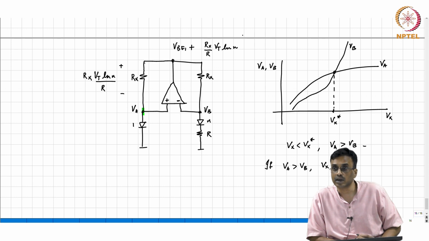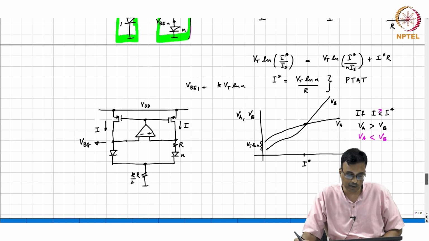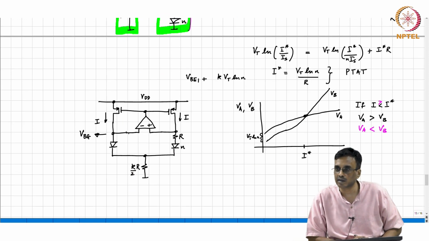Supply voltage, where is it coming? Arey Baba, where? I mean, not just this circuit, any circuit that we have seen with the op amp, we have not drawn the supply and ground for the op amp. That's understood, right?